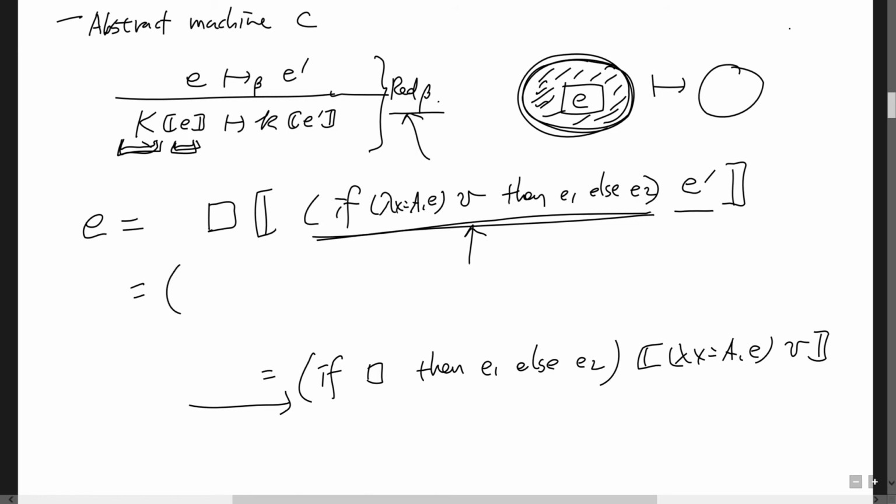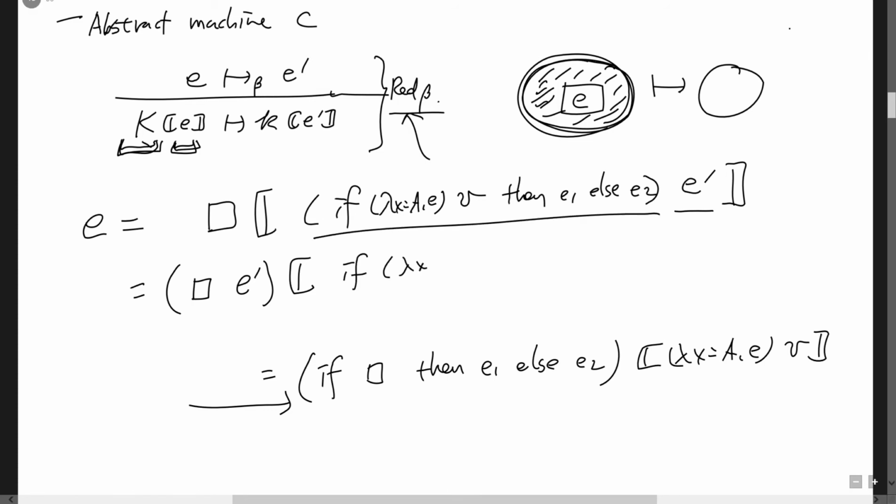Therefore, the current evaluation context becomes this one, and the machine decided to analyze this expression. So let me make a copy of it here: if lambda x a dot e value v, then E1 else E2. Now the first step in the analysis is explicit.